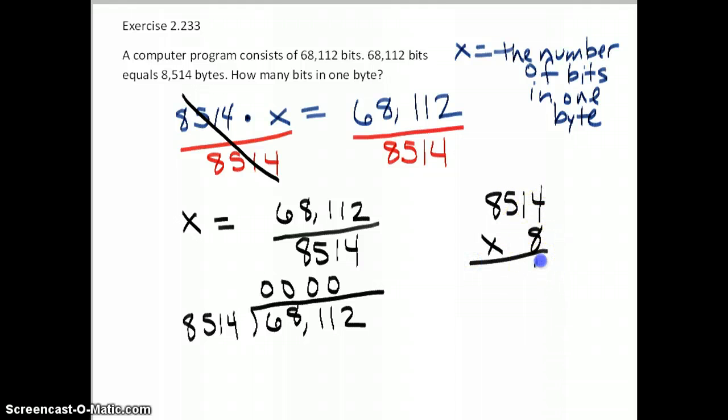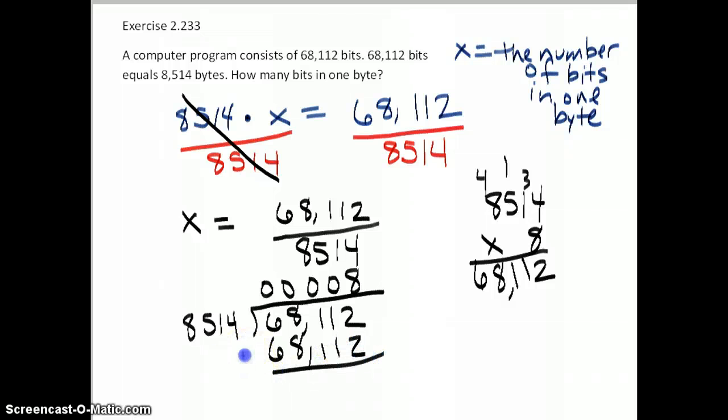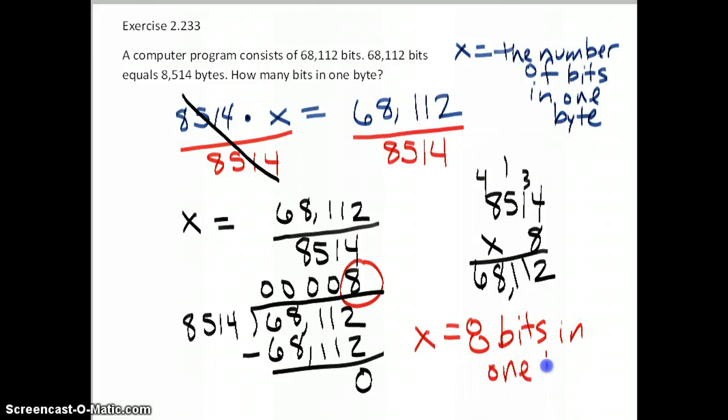So I'll do this math. And lo and behold, I get exactly 68,112. So 8 goes up here. 8 times 8,514 is 68,112. We subtract, and we have 0 left over. So that 8 is our answer. So we know that x equals 8, or 8 is the number of bits in one byte.